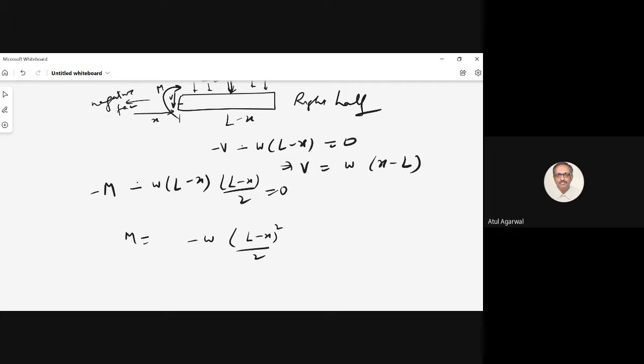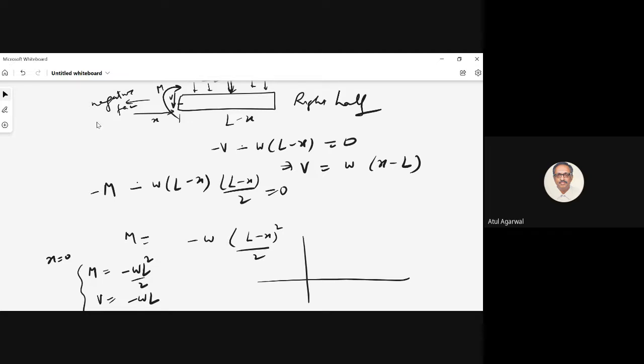If you plot it, what are you getting at X equal to 0? What is the value of moment at X equal to 0? M is equal to minus WL square by 2. What is the value of shear force at X equal to 0? Put minus WL.